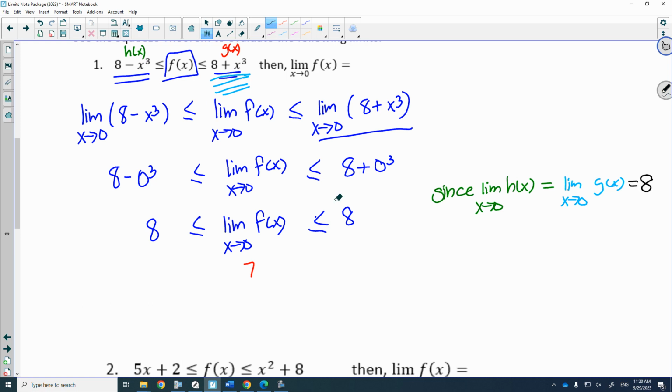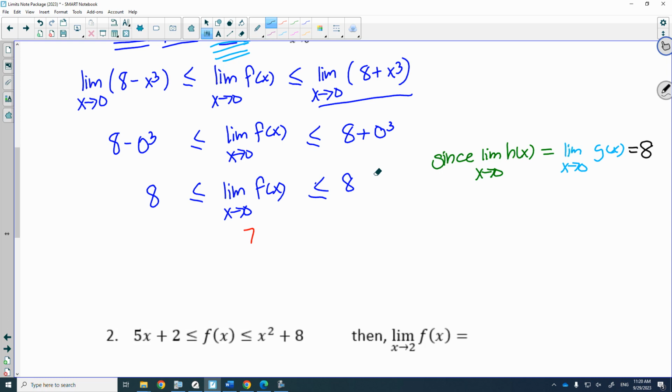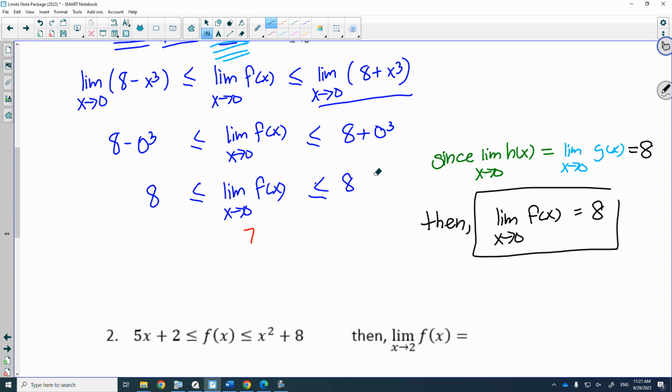So this limit and this limit equaled 8. Then according to the squeeze theorem, I could say that the limit as x approaches 0 of f of x is also equal to 8. This is what I was trying to solve. I wasn't given the function. I have no idea what it looks like, but I know that the limit's going to be 8.